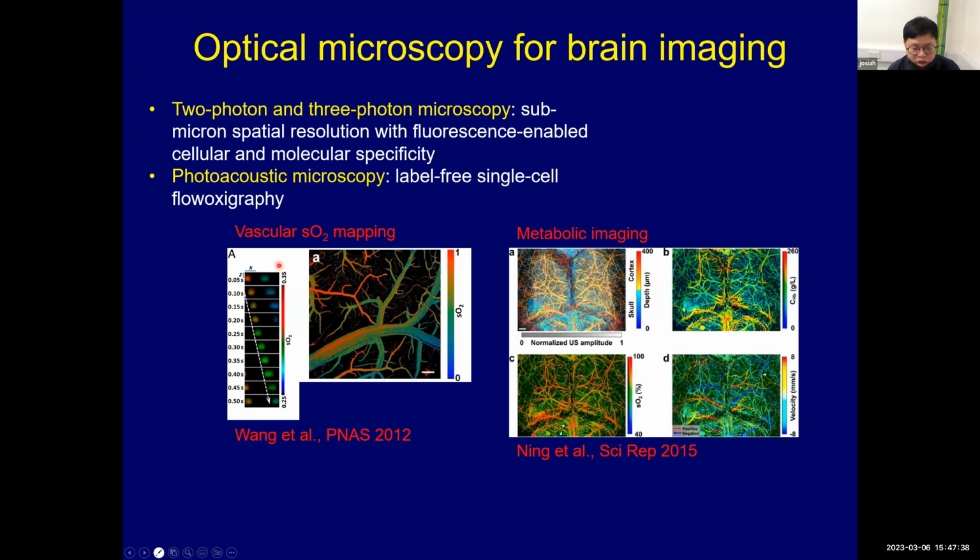Another very powerful technology is called photoacoustic microscopy. It gives you more absorption-based contrast. When the light is absorbed by the particles, they emit acoustic information. Acoustic is like ultrasound, a sound wave, which you can detect using an ultrasound transducer.